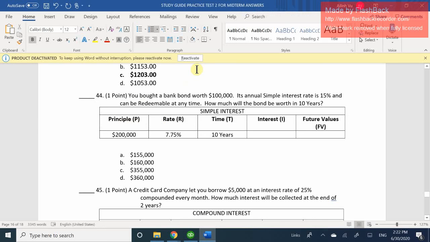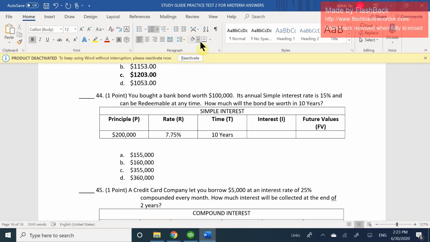You bought a bank bond worth $100,000. Its annual simple interest rate is going to be 15% and can be redeemable at any time. How much will the bond be worth in 10 years?